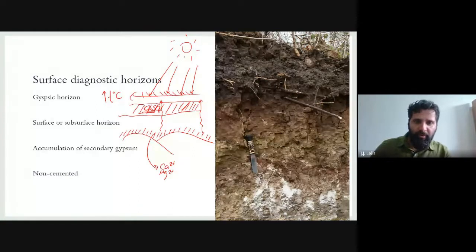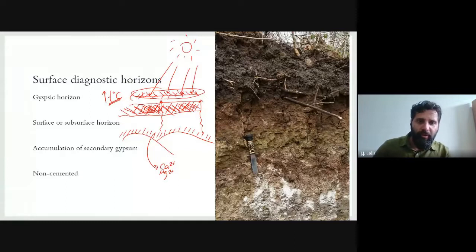It could occur in the surface where we find the highest temperatures, or it also can be found at subsurface. We generally find it in the surface, but we also can find it in subsurface.